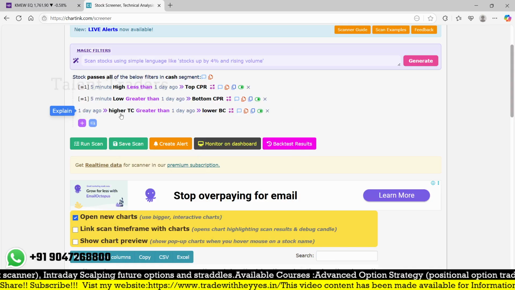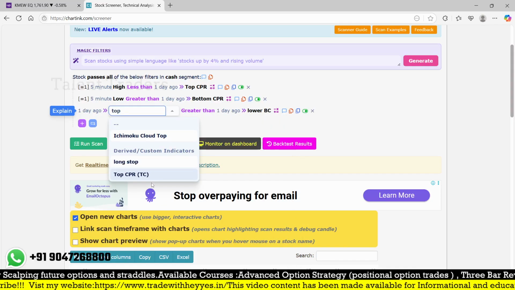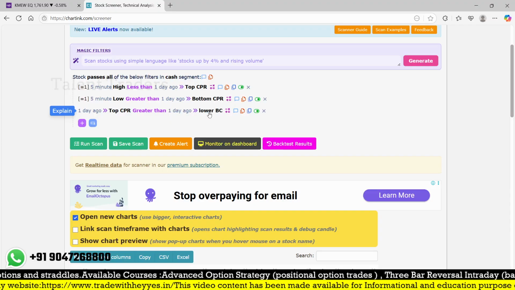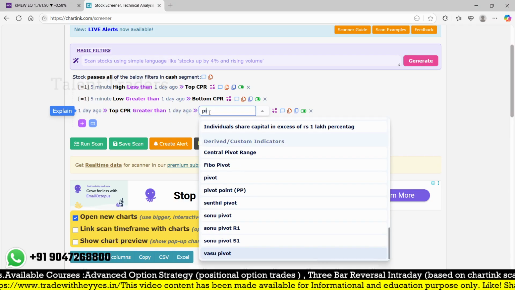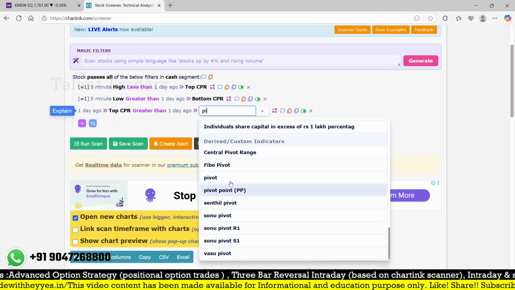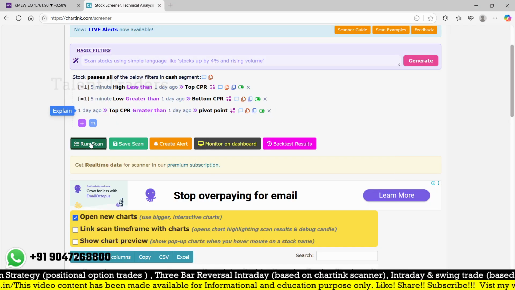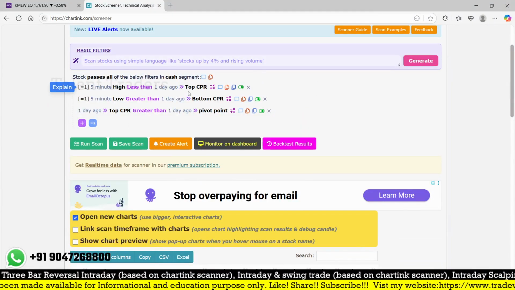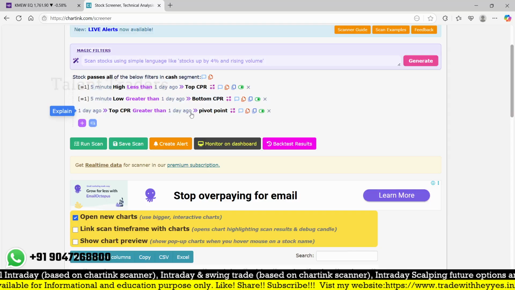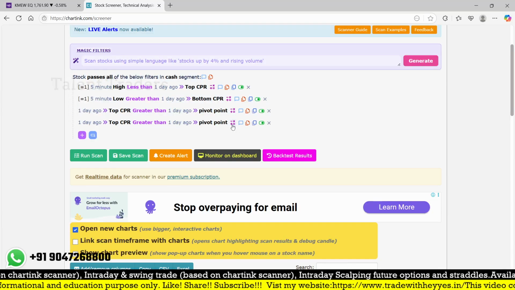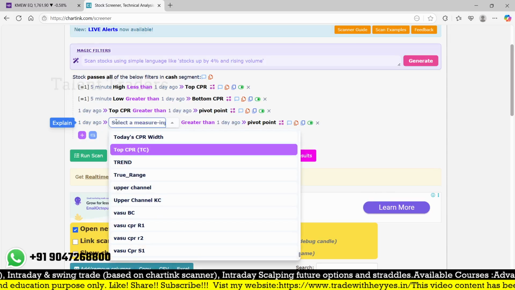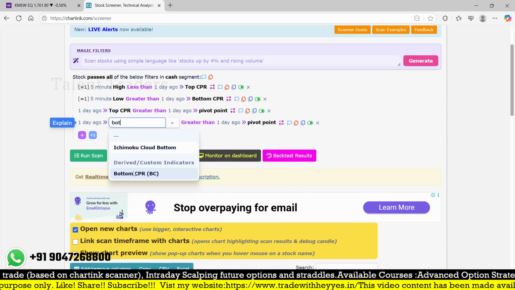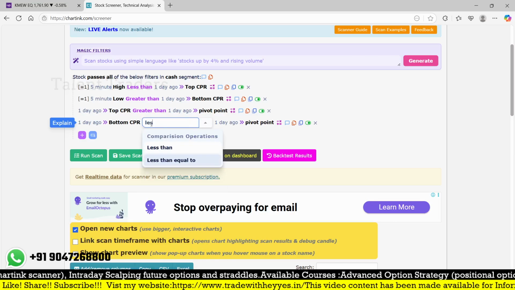Or we can use top CPR greater than the pivot point. So this will fetch you only stocks with top CPR greater than the pivot point, and bottom CPR BC less than the pivot point.